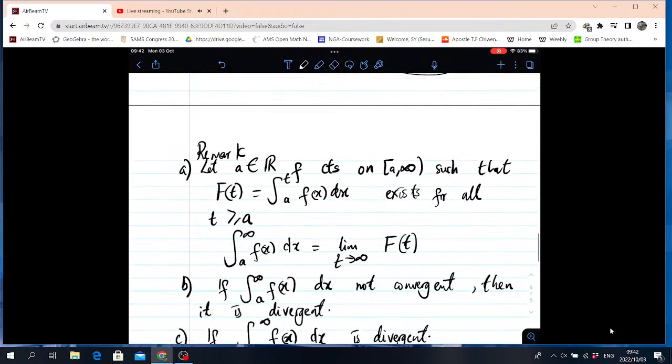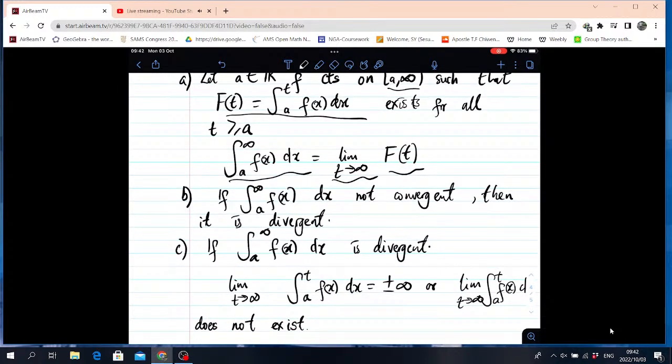So just to put it more formally, let a be a real number and f be continuous on this set, such that this integral exists for all t greater or equal to a. Then what we call this integral is just the limit as t tends to infinity of the integral from a to t of f. And if the integral is not convergent, then it is divergent. For us to say it's divergent, we have two cases.